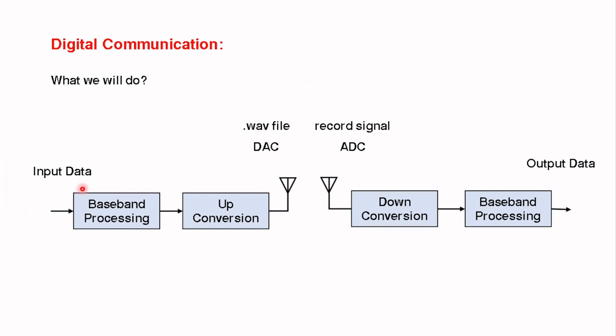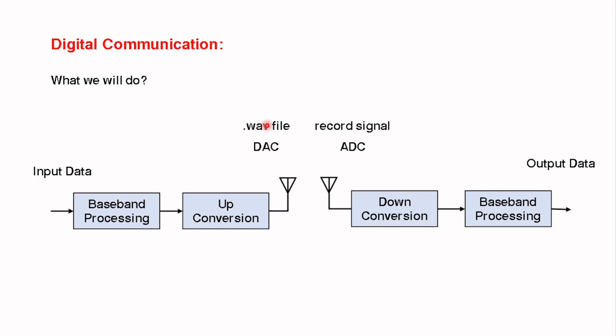We will have some input data. We will do the baseband processing, which consists basically of modulation and pulse shaping and so on. We will then convert the signal to some kind of carrier frequency. Then we will save it as a sound file, a wave file, which can basically be considered the digital to analog conversion.